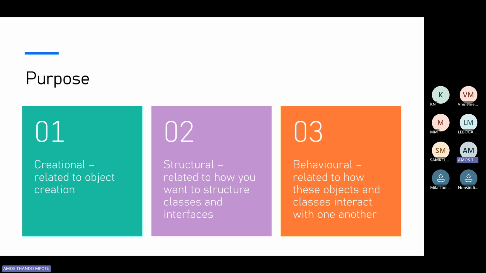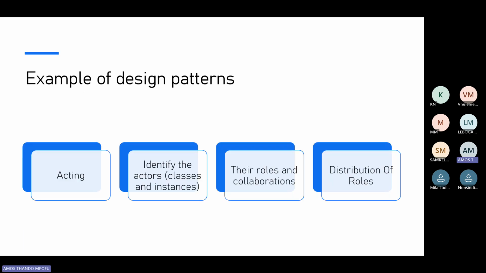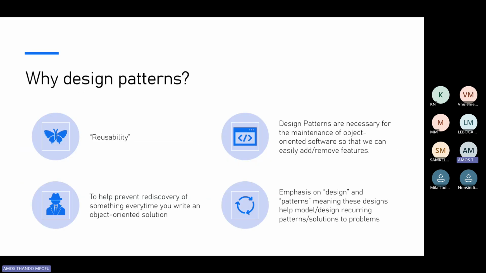Creational is related to object creation. If you have an application whereby you are creating some instances, right? Let's just say it's an application whereby you're creating objects quite a lot. You keep on creating. Obviously, you're going to need a design pattern to achieve, remember, we talked about it at the beginning, to achieve reusability, because we need to reuse.